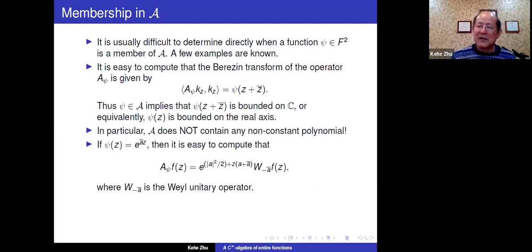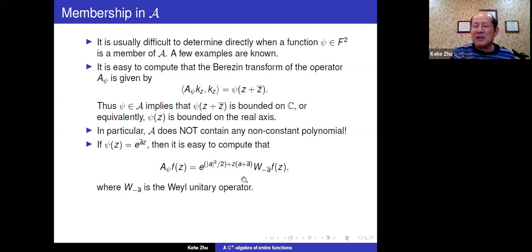But it does contain a few elementary functions. If you calculate xi for functions like this, linear exponential functions, then you can actually compute that the integral operator I defined earlier is actually a so-called Weyl unitary operator together with the multiplication operator. The Weyl operator is a unitary operator, so in order for this to be bounded, the multiplication operator has to be bounded.